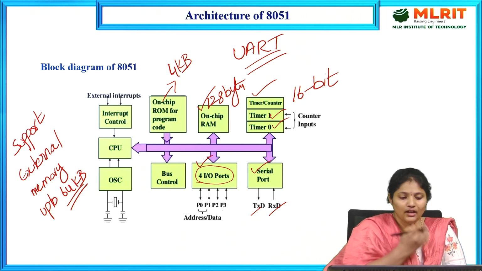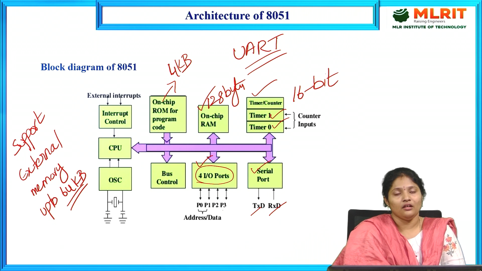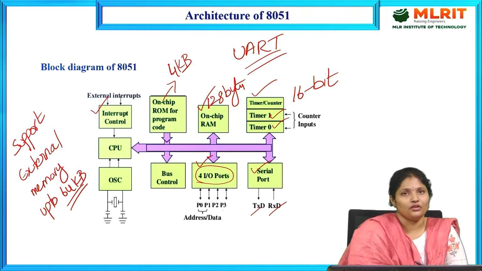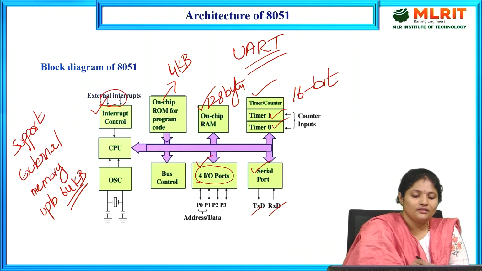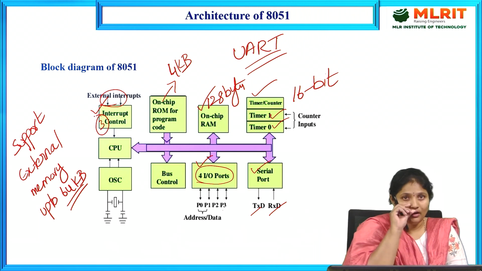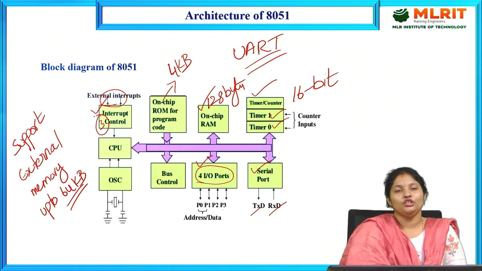Another important block in 8051 is interrupt control. The 8051 can support five interrupts. 2 are external interrupts and 3 are internal interrupts. Out of these 3, 2 interrupts are for timers and 1 interrupt is for serial port communication.